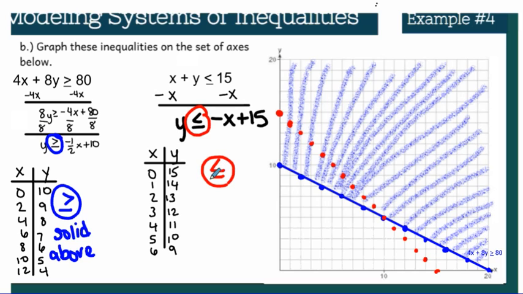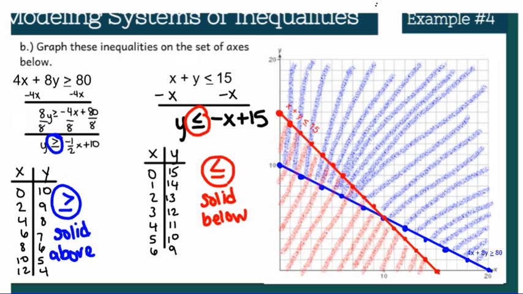Because we have the equal to symbol, we are going to connect our dots with a solid line. And because this is a less than symbol, we want to shade everything less than this line, or everything below the line. After doing that, your graph should look like this.